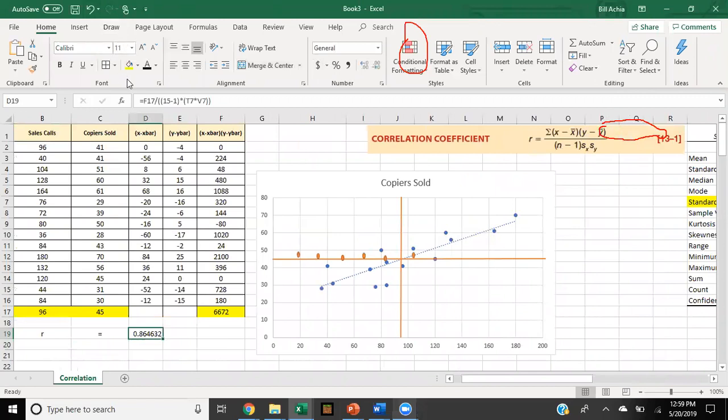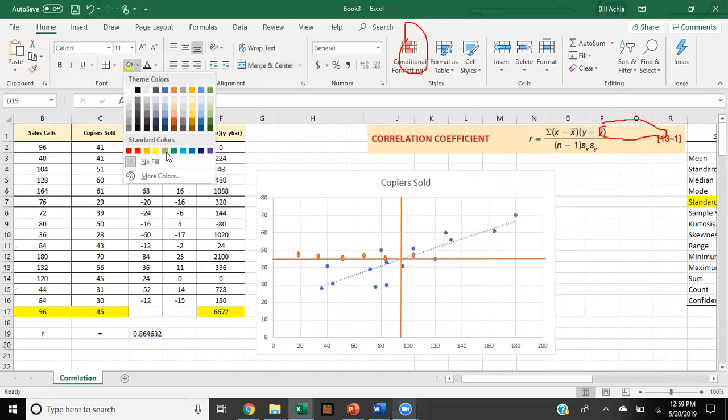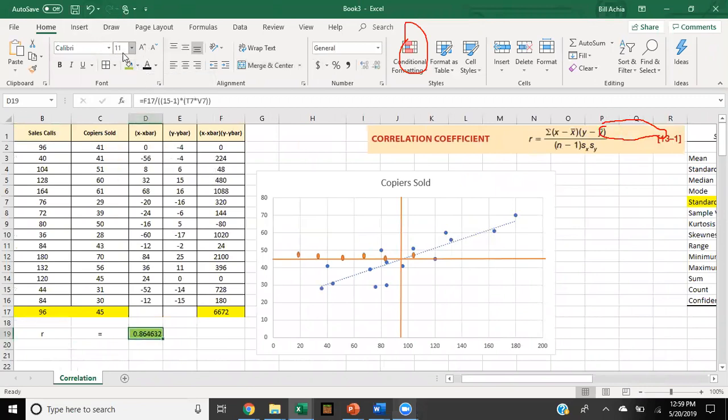Okay, so this is our R, our correlation coefficient, and this is a number that you want to use to explain the nature of the relationship between those two variables. Okay, so how do I go about interpreting this? The 0.86 tells me this, first of all, is positive.